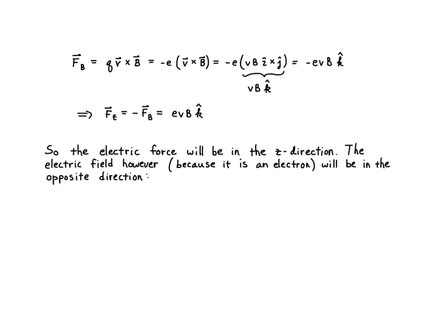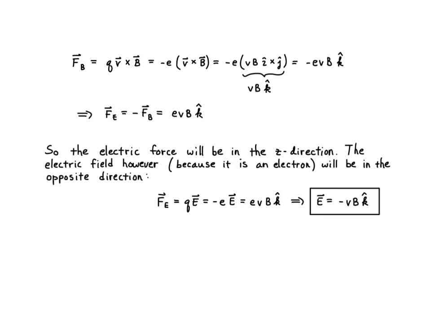The electric field, however, because it is an electron again, an opposite charge, will be in the opposite direction, which is expressed through F equals q times E. And putting in for q, we have minus e times big E, and substituting from above, we can solve for the electric field, which will be equal to minus vB times k hat, or in the minus z direction.